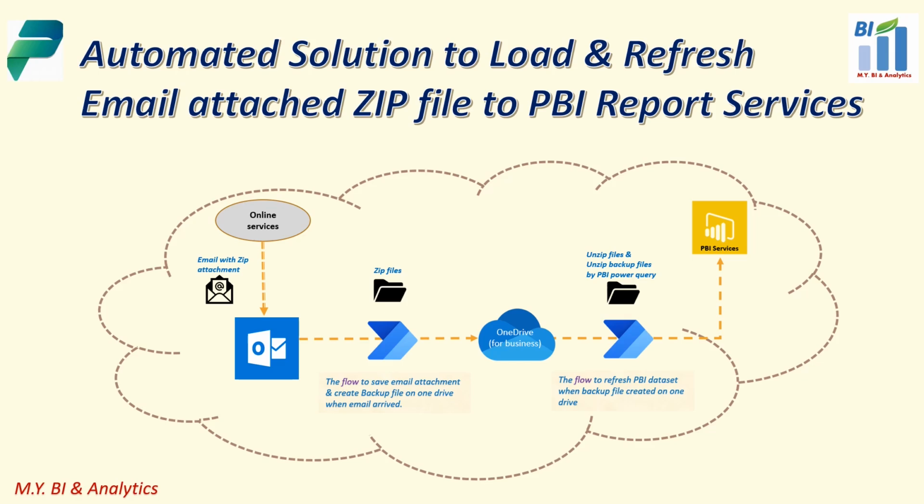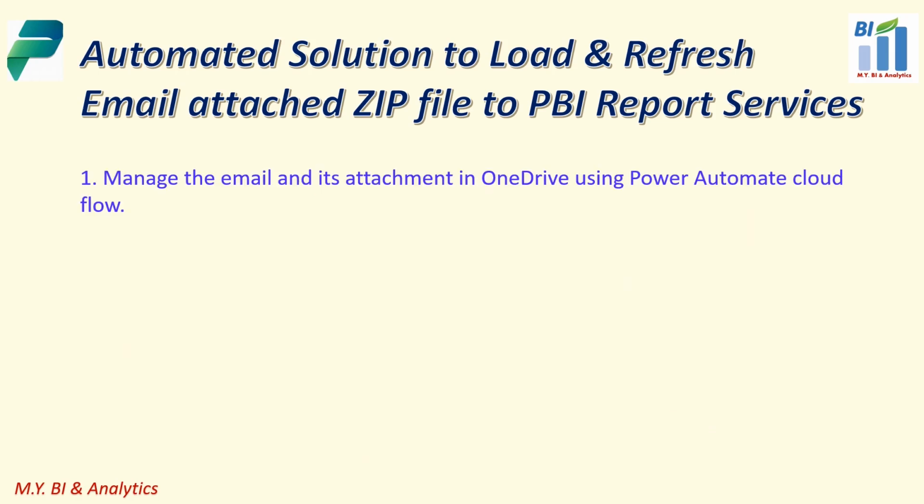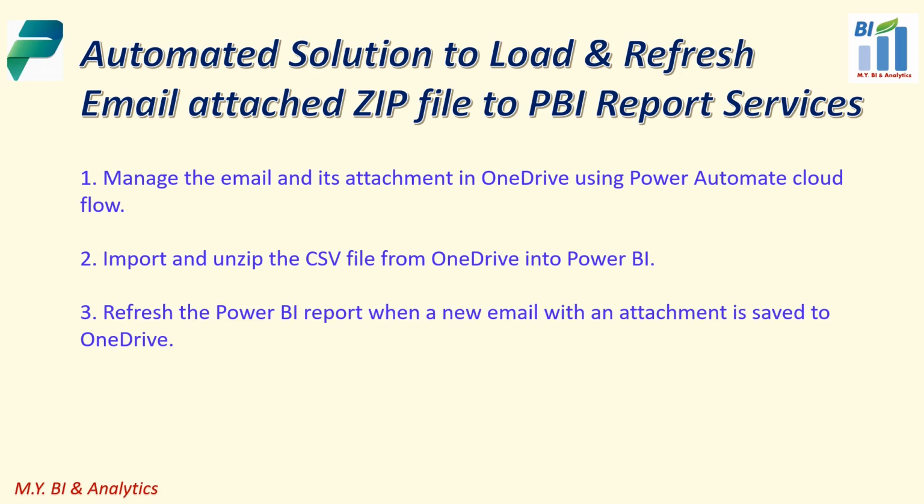These videos cover how to first manage the emails and its attachment in OneDrive using Power Automate Cloud Flow. Second, import and unzip the CSV file from OneDrive into Power BI. Third, refresh the Power BI report when a new email with attachment is saved to OneDrive.